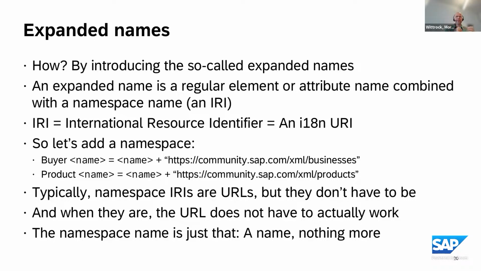So we add a namespace name to those two elements like this. Typically those namespace names are URLs, but they don't have to be. And when they are, the URL doesn't need to actually point to anything that exists. So keep in mind that a namespace name is just that, a name. It's nothing more than that.